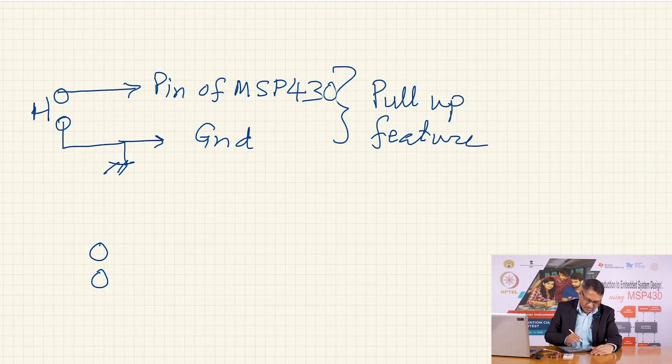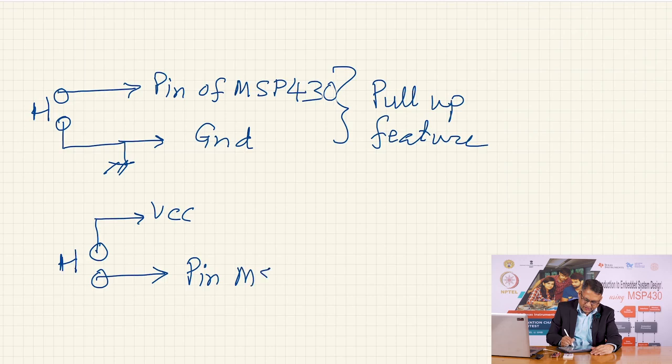Here the switch is connected to VCC, and the other pin is available here, and this will go to VCC of the MSP430, this will go to another pin of MSP430, and this configuration allows us to test the pull down feature.